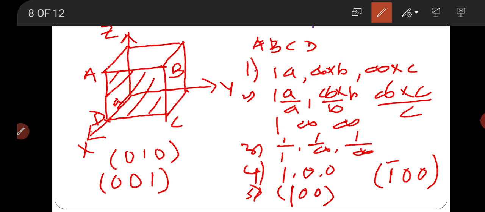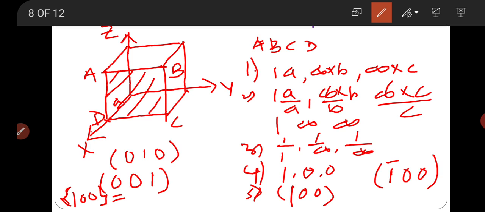So all these planes are under the family of 100. Since this is a plane family, we write it in curly brackets: {100}.